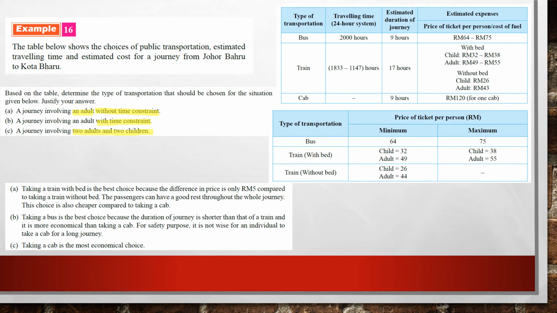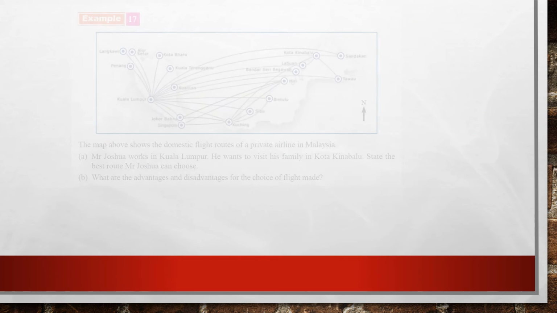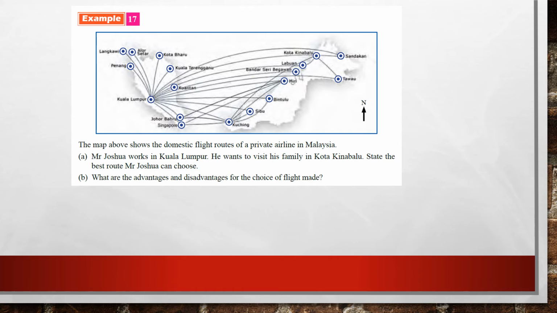Next we look at Example 17. You can refer to page 147. The map above shows the domestic flight routes of a private airline in Malaysia. Mr. Joshua works in Kuala Lumpur. He wants to visit his family in Kota Kinabalu. State the best route Mr. Joshua can choose.